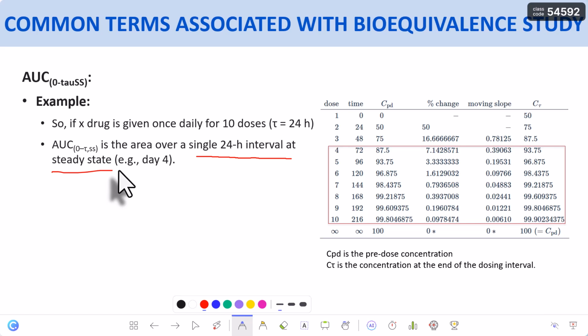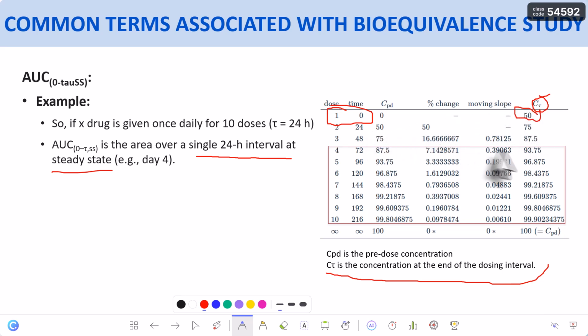Now, at what concentration is the steady state achieved? See, this is the concentration across the different times, the C tau. So C tau is the concentration at the end of the dosing interval. At the first dosing interval, the concentration was found to be 50.